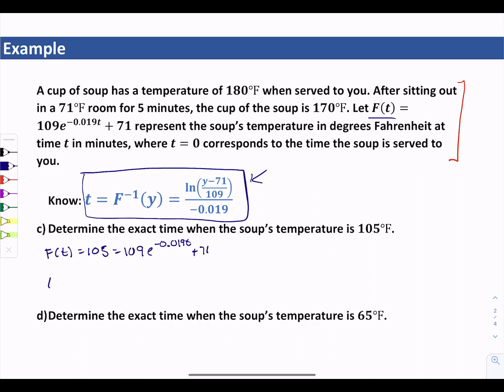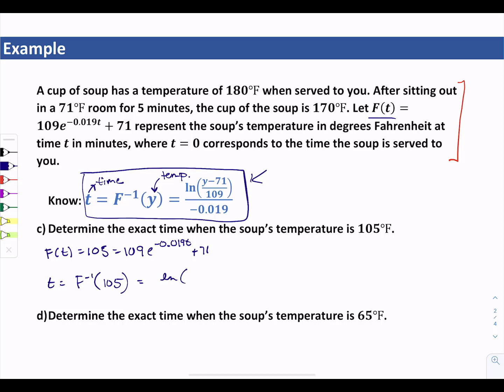So really, if we want to find the exact time that the temperature of the soup is 105 degrees, we can just substitute 105 degrees into the inverse function. Remember, the input for the inverse function is now a temperature, and the output is a time.